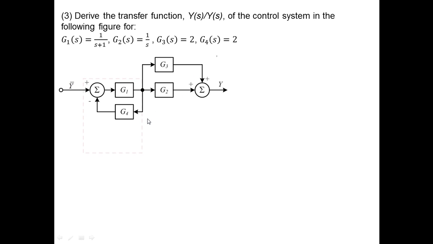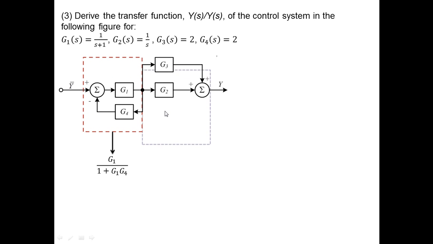For the first, the negative feedback route, if you look again at the lecture notes, the simplified transfer function of a negative feedback loop will be G1 over 1 plus G1 G4. Again, here we have plus, since we have a negative feedback loop.